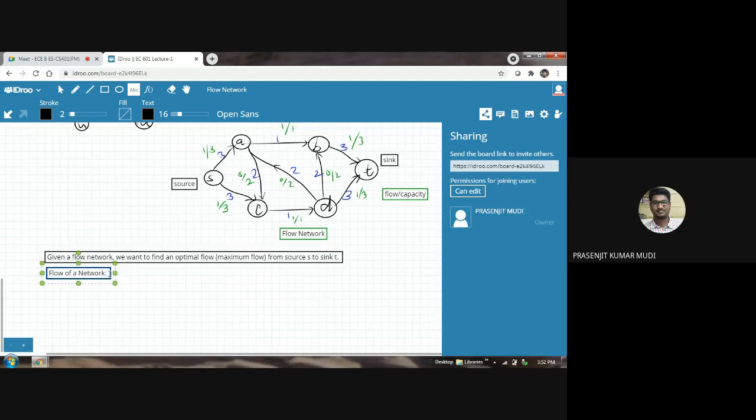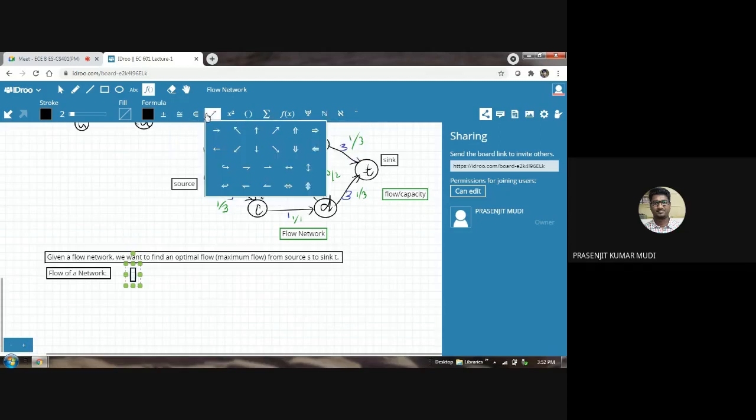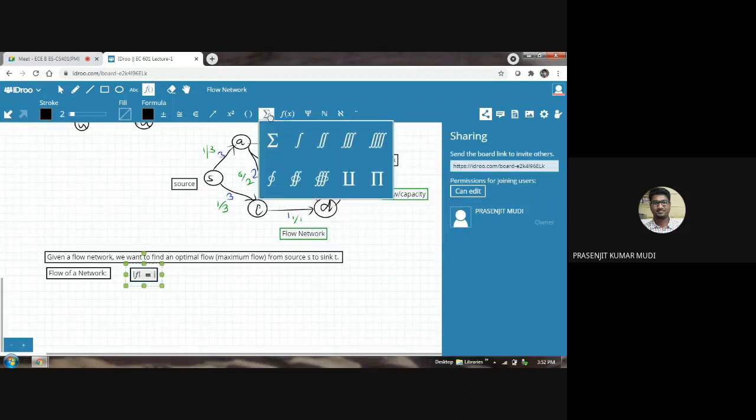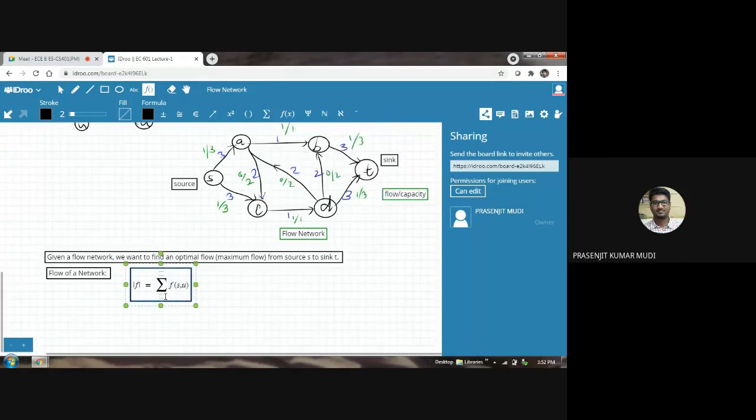So flow of a network is defined as F is equal to the summation of all F from source S to U for all U belongs to V. So you are outgoing from, you have started your journey from S, and you are finding all the possible edges adjacent, connecting S. In this example, you can find two edges. One is S comma A, another is S comma C. Am I correct?